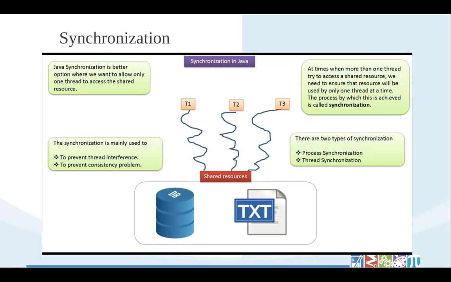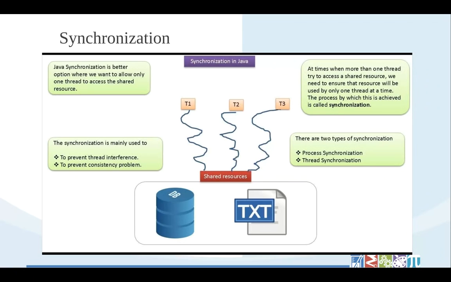At times when more than one thread tries to access a shared resource, we need to ensure that the resource will be used only by one thread at a time. And the process by which this is achieved is known as synchronization. This is done when we use the synchronized keyword before a method, then that method has to finish its work, only then will the next thread work. So this is what synchronization is.